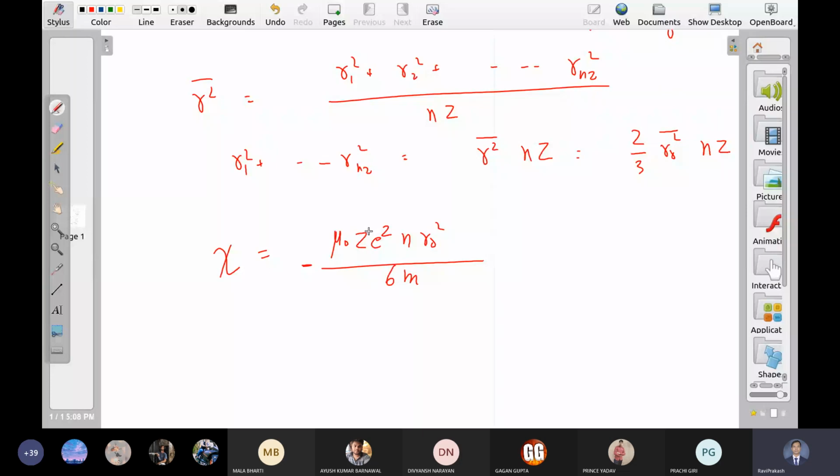And m is the mass of the electron. So you can see these numbers cannot change very easily. For one sample, all these numbers are fixed. It simply means that you cannot change the diamagnetic property of any atom or any material. If you increase the temperature, there is no effect on the diamagnetic effect of the sample.